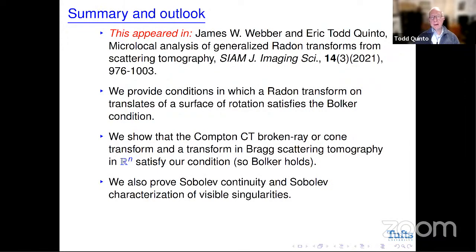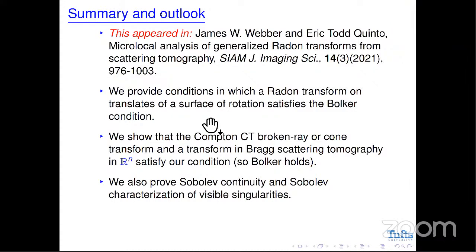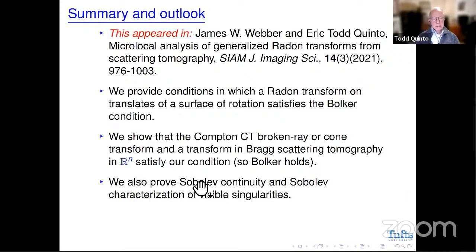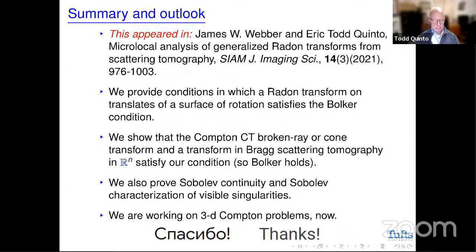And we also prove Sobolev continuity. And we also characterize in Sobolev space the visible singularities that follows from microlocal arguments and Sobolev continuity in broad. And we're working on 3D Compton problems now.